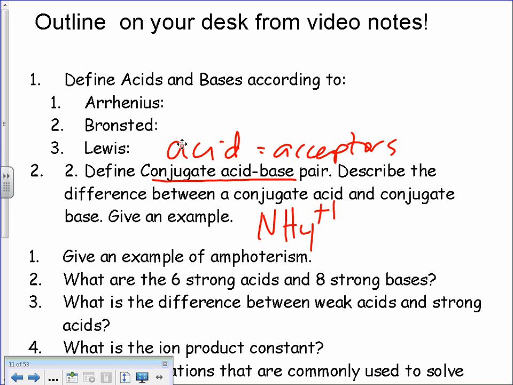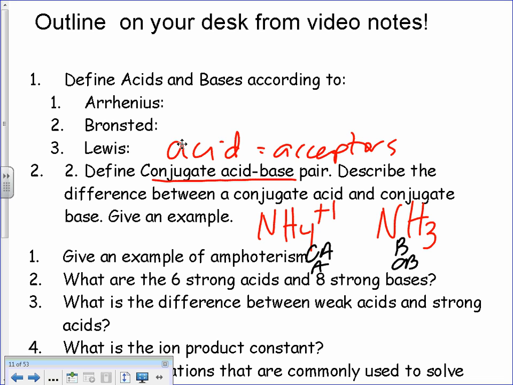So we had ammonium and ammonia. Which is the acid? Because it's got the extra H+, right? So I would call this the conjugate acid, but I'll put acid here and this would be its conjugate base, or if I put conjugate acid, I would call this the base, vice versa. So it's a pair.